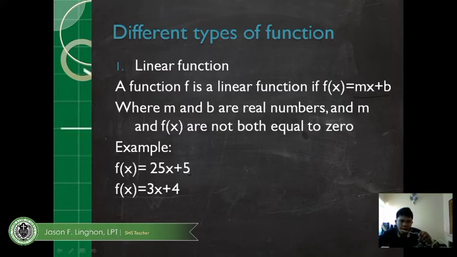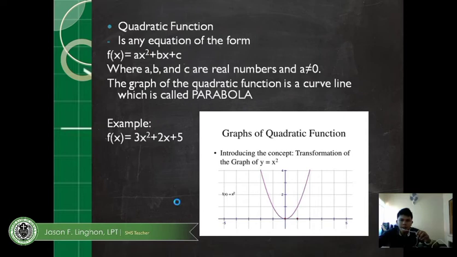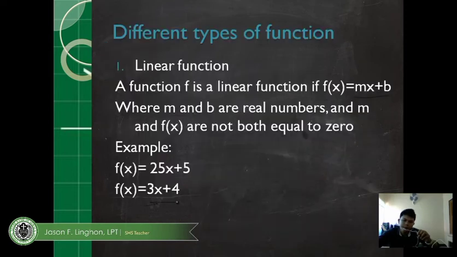For example, f of x is equal to 3x plus 5, and f of x is equal to 3x plus 4. The graph of a linear function, as its word linear means, is just a line. It can be diagonal, horizontal, or vertical, depending on your equation.